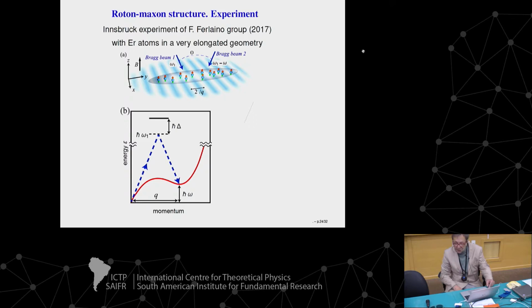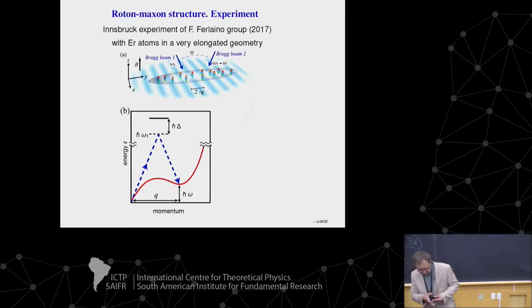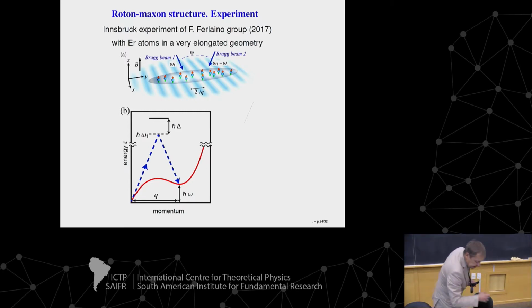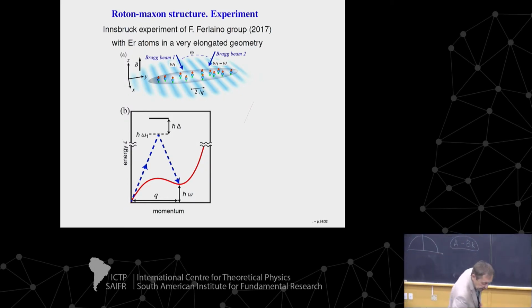So that's what was the experiment of Tilman Pfau. But other people also did experiments, in particular the group of Francesca Ferlaino, which is at the University of Innsbruck.